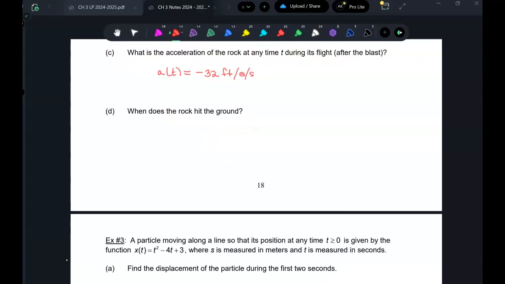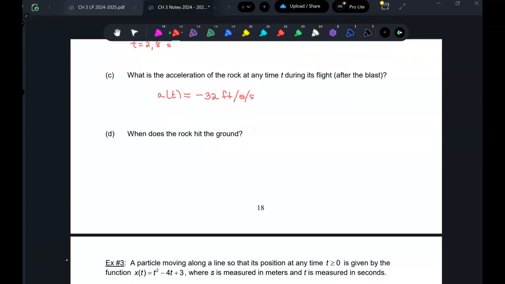Okay, when does the rock hit the ground? This is going to be when x of t equals 0. It's hitting the ground, right? Because we're a little short on time, we're going to go back to the original, and I can factor out a 16t.